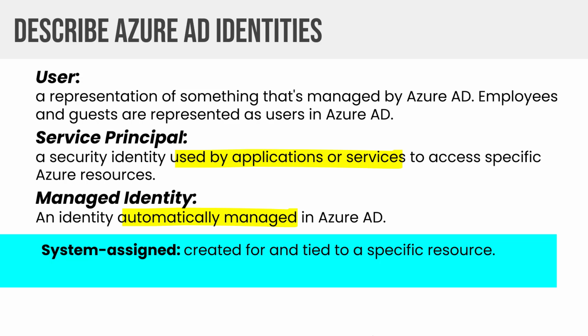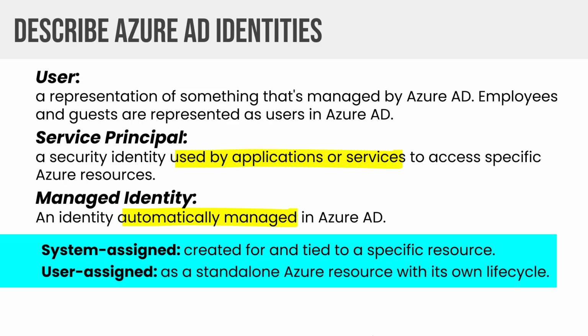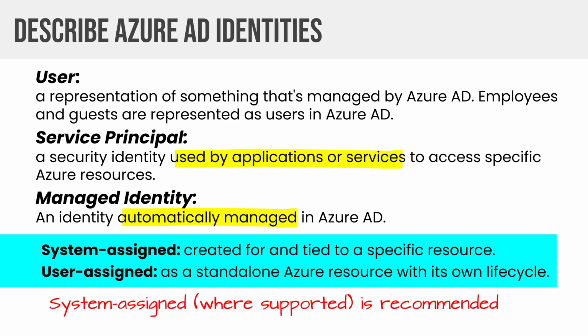And maybe we need to use a managed identity across multiple resources, so basically create once and manage independently. We could use a user assigned managed identity, which is a standalone Azure resource with its own lifecycle. Where supported, Microsoft recommends system assigned managed identity because they are the least amount of work, because the lifecycle is managed for you, essentially.